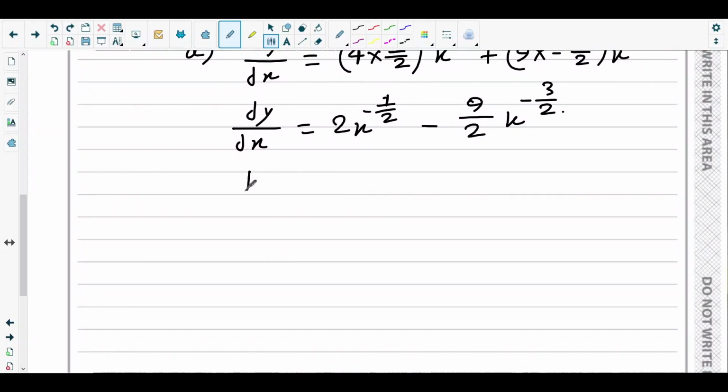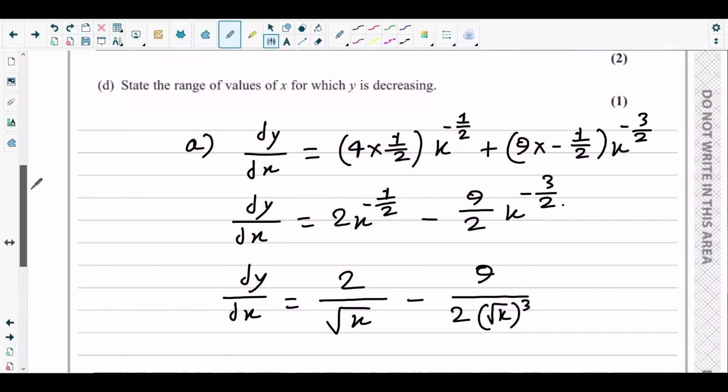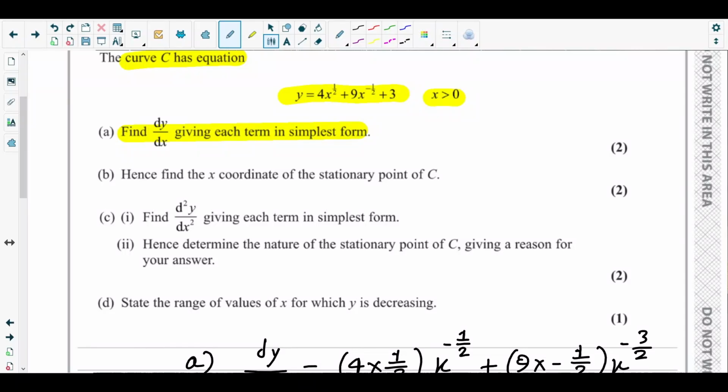This can be written as 2 over square root of x, since power half is the square root, minus 9 over 2 times square root of x whole cubed, because square root gives half, the cube gives 3 over 2, and being in the denominator it makes the power negative. Done. We have dy over dx in simplest form.